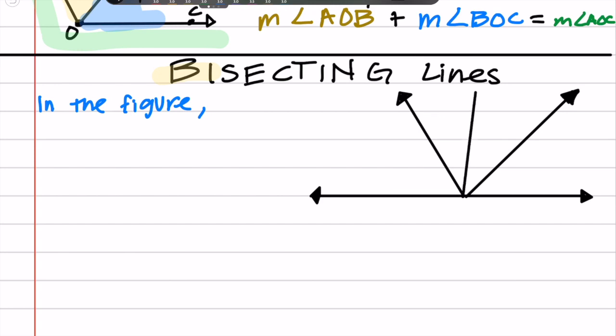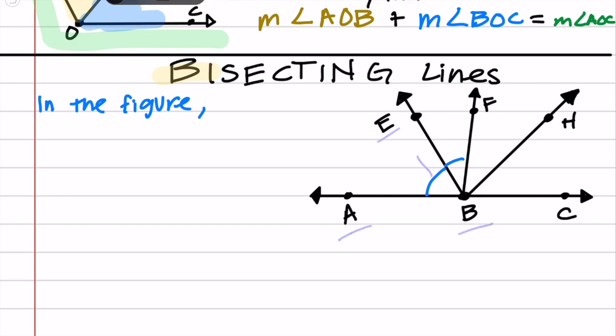There we go. Okay, so I'm going to label my points A, B, and C. And then we're going to go E, F, and H. All right, and this is going to be given to you as part of your graph.